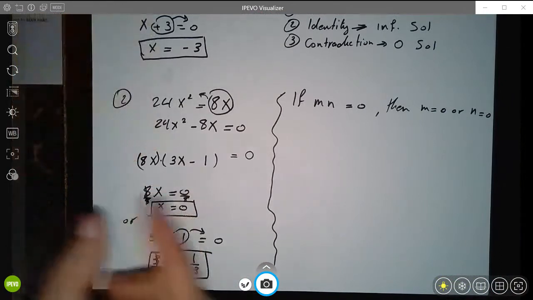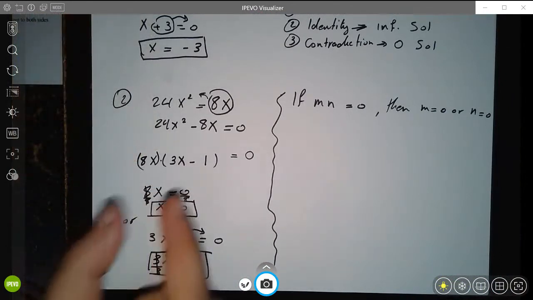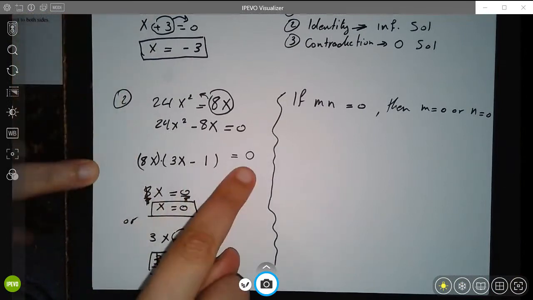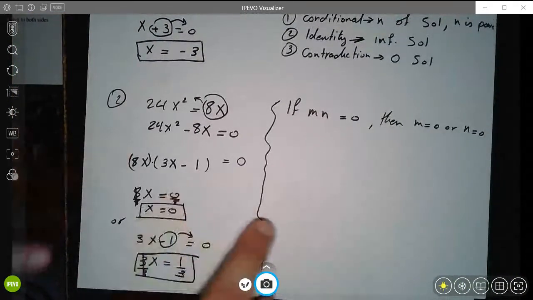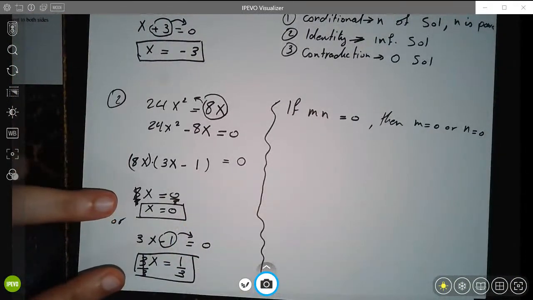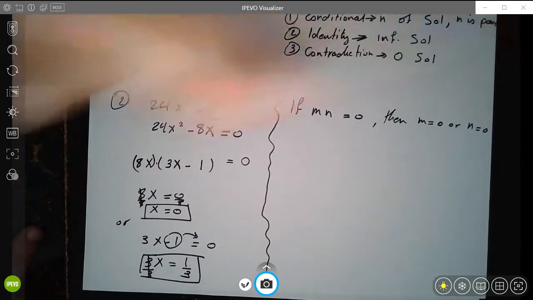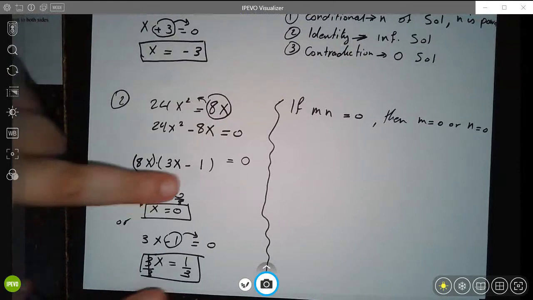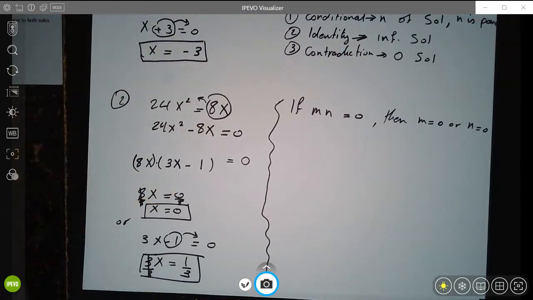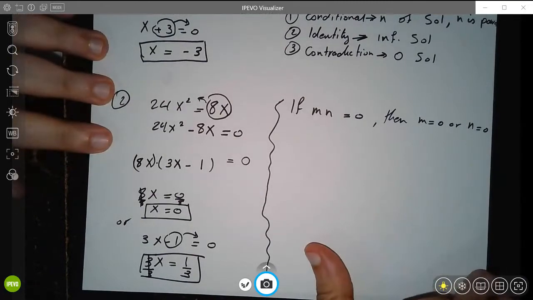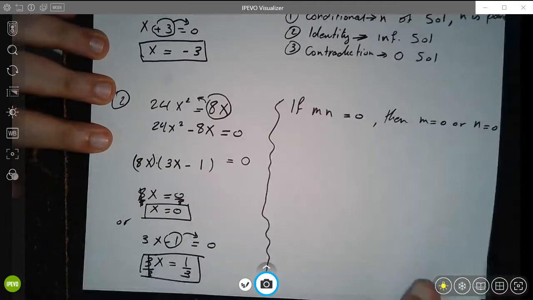You want to get it to a point where it's a multiplication of two values and the result is 0, so that you can separate them and solve them separately. Make sense? So you either set that one equal to 0 or that one equal to 0, which we did, and then you solve. Does that make sense? This is called the zero rule or zero product. Okay? That's one way of solving quadratics. Now let's introduce you to another one.